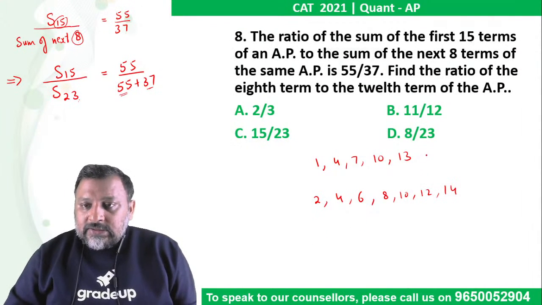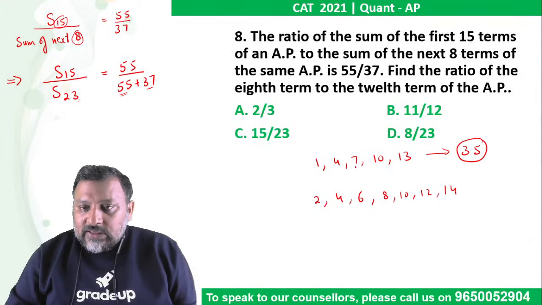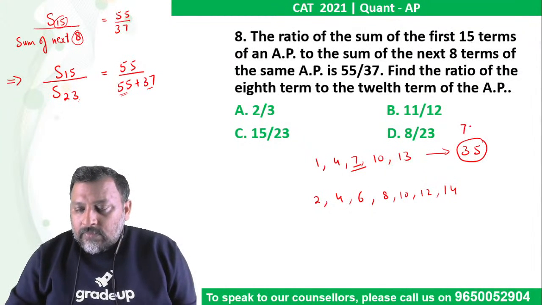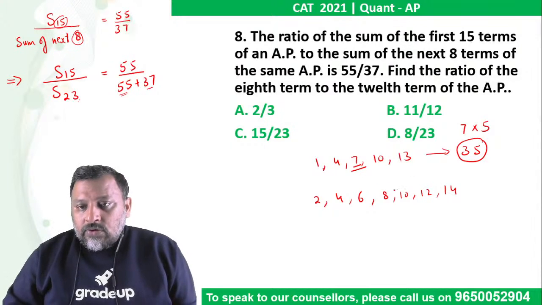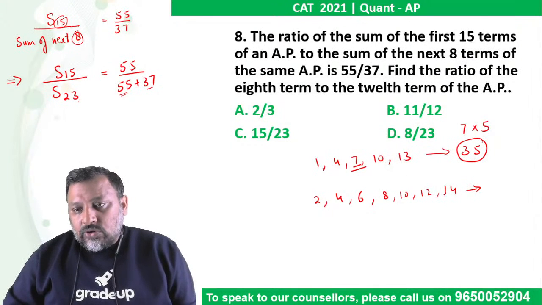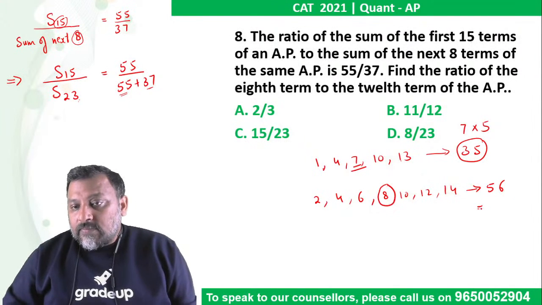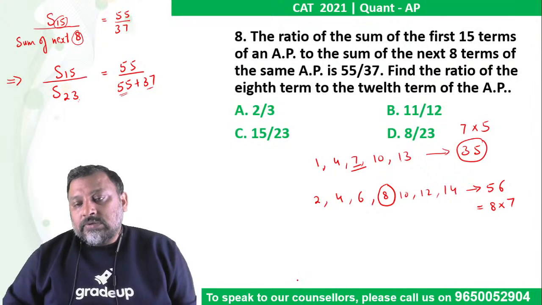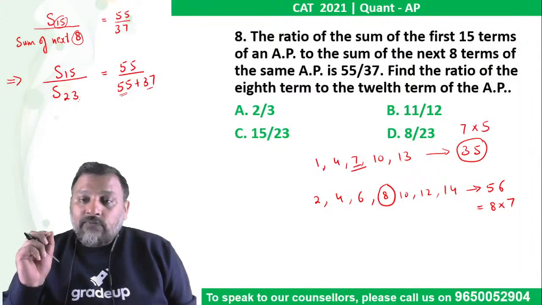In this case, if I add all the terms, it is 35, which is nothing but the middlemost term into number of terms, which is 5. If I add all these terms, this would be 56, which is again nothing but the middlemost term into number of terms. This works for any AP with odd number of terms.